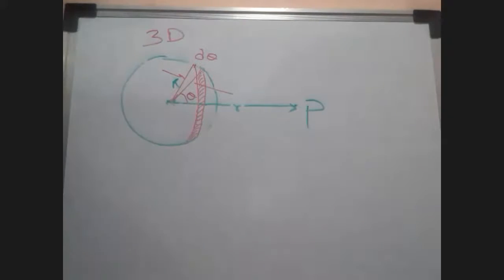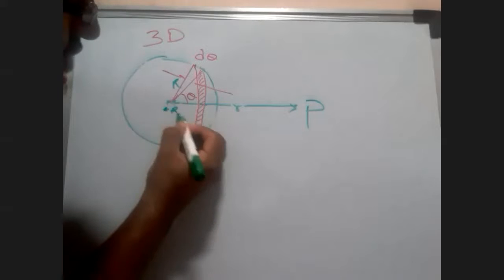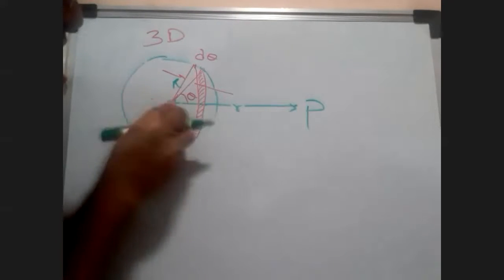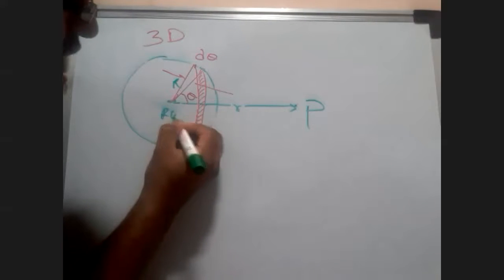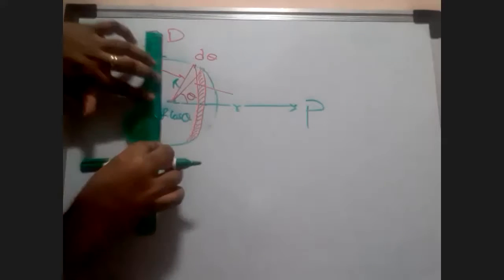So you will simply take the component. Imagine this is R. So what is this going to be? Along the x-axis it is going to be R cos theta. What will it be on the y-axis here? It will be R sin theta.